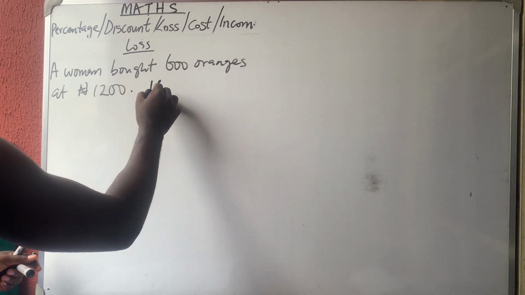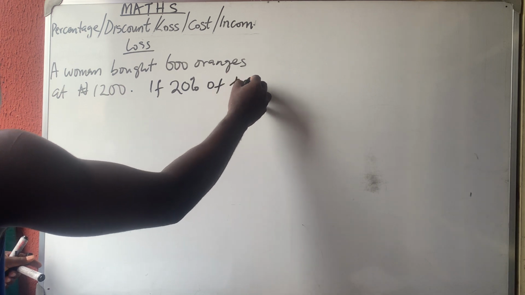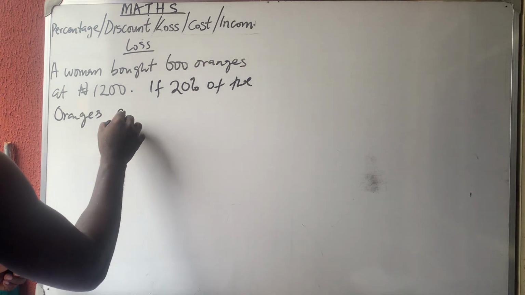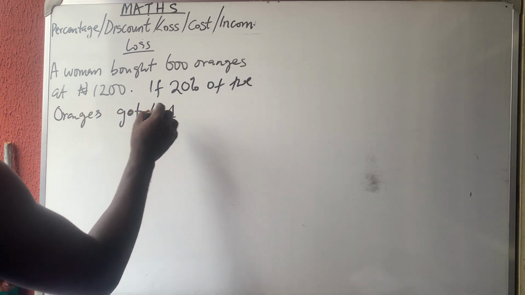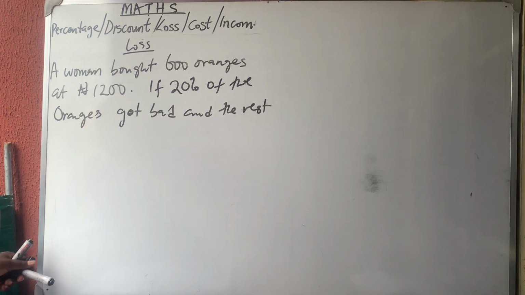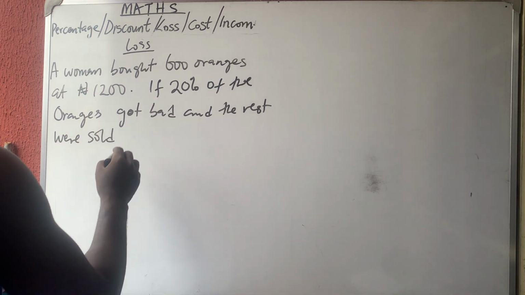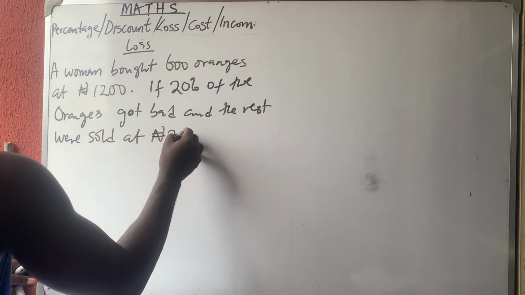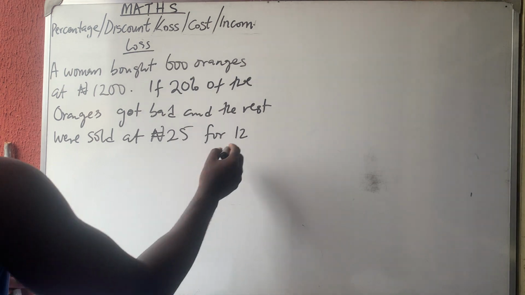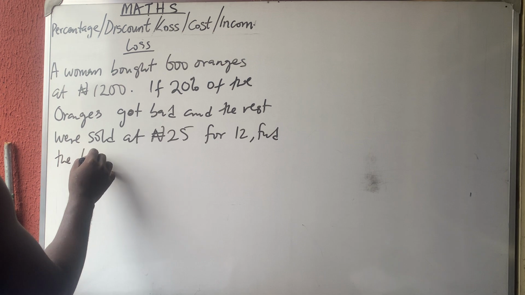If 20% of the oranges got bad and the rest were sold at 25 naira for 12, find the loss.